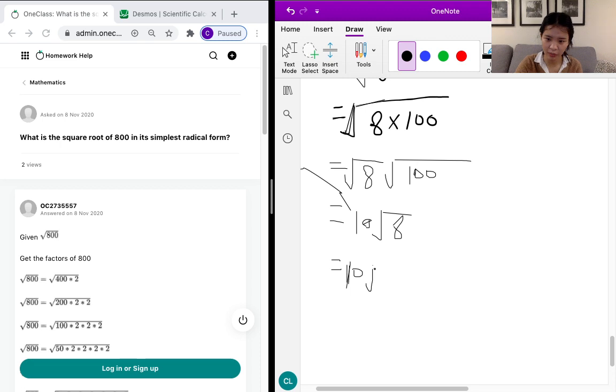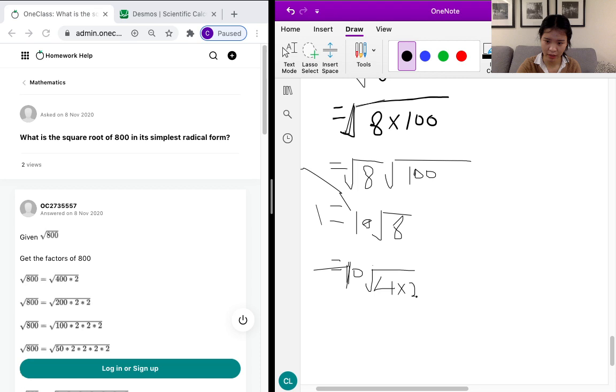So we know 8 is actually equal to 4 times 2. Again, we know this by inspection. So 8 is equal to 4 times 2.